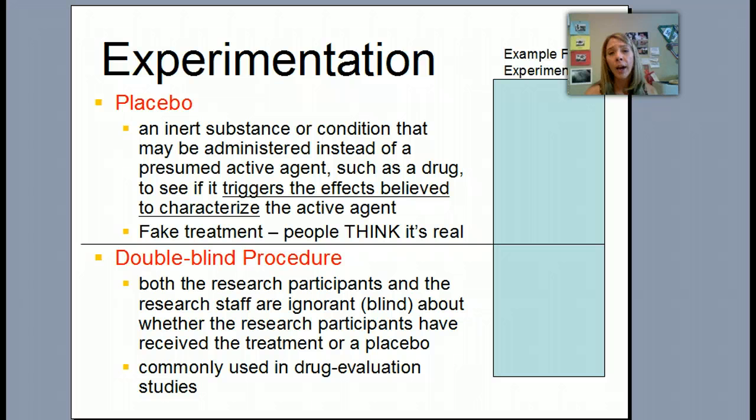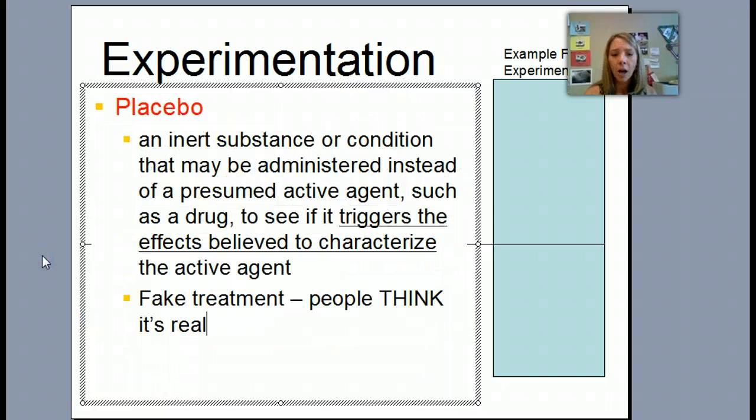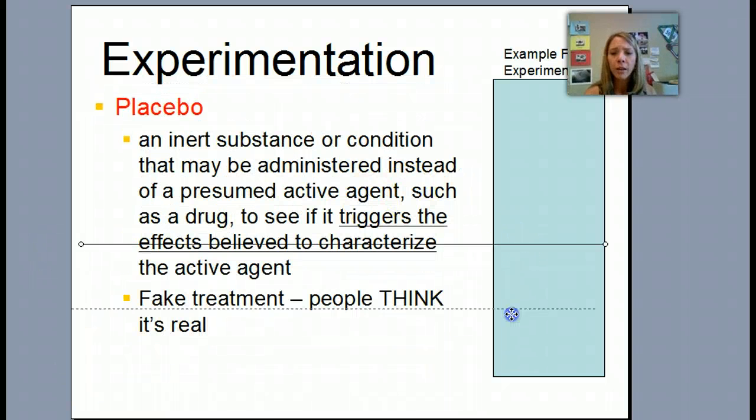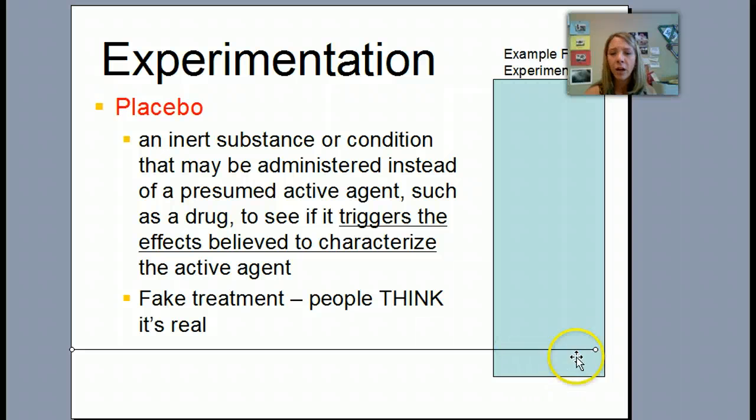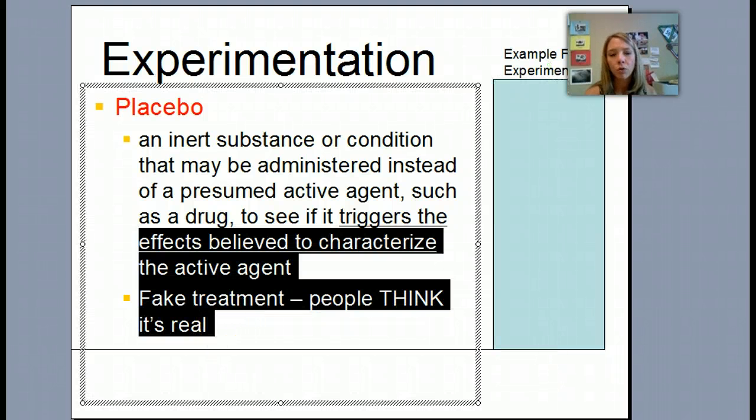If I think I'm getting coffee, that might have the effect of actually drinking coffee. That's why it's called the placebo effect. They do this all the time with drug studies.